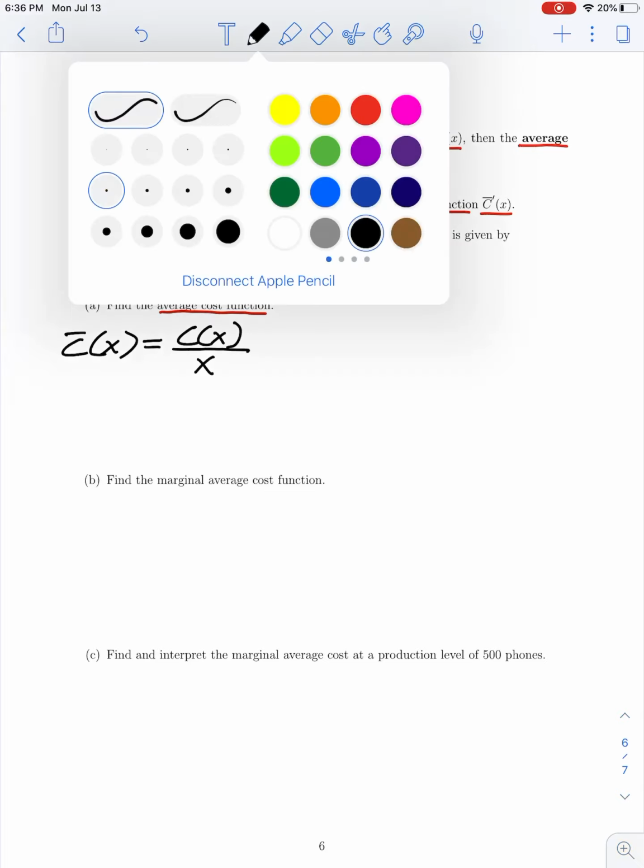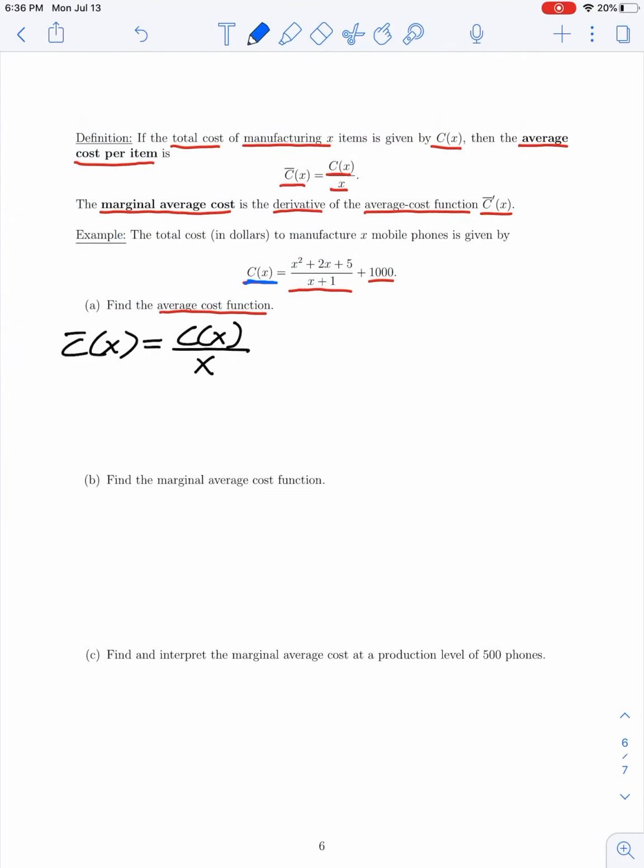So if we take the given function for cost, C of x, and I divide through by x, I have x squared plus 2x plus 5 divided by my x plus 1 times x. So when I divide through by x, that's equivalent to multiplying the denominator by x. And then I have my plus 1,000, which we're also dividing by x to get our average cost.